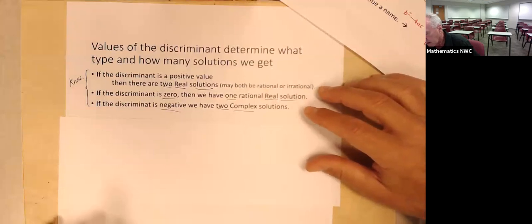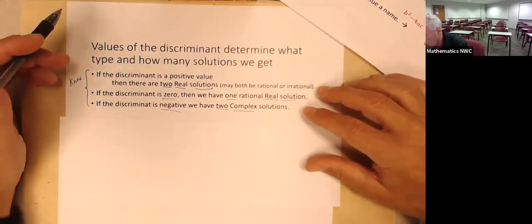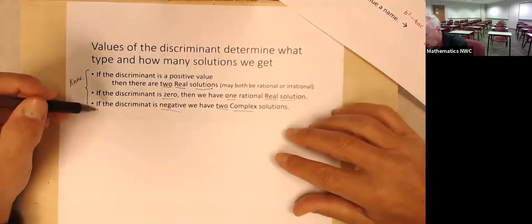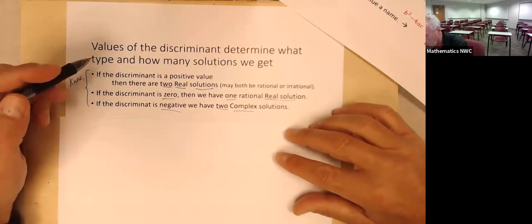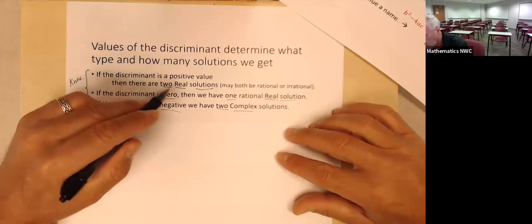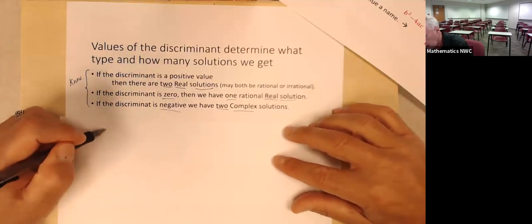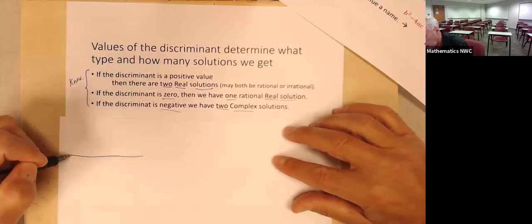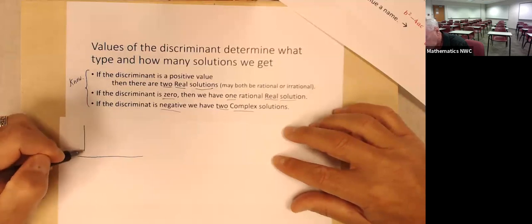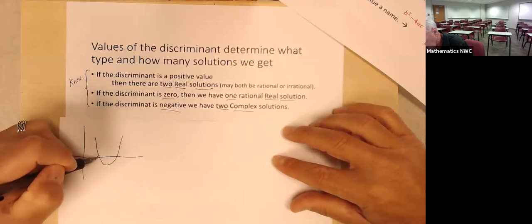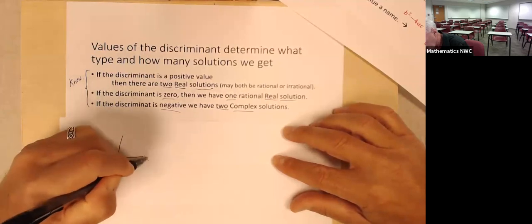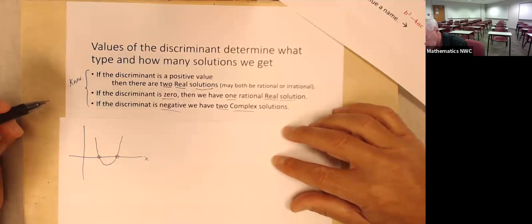Graphically, these types of equations that I've been looking at here graph to produce parabolas. And we've talked about parabolas before. But for this first one, two real solutions, it means that the parabola crossed the x-axis in two places.